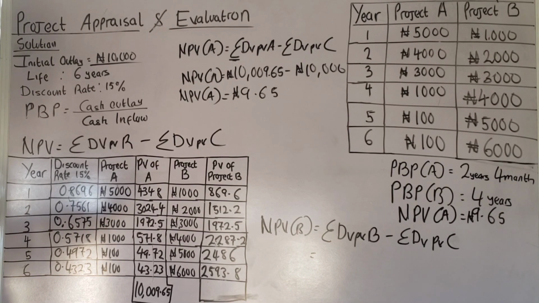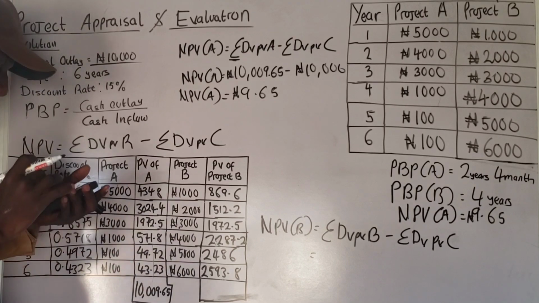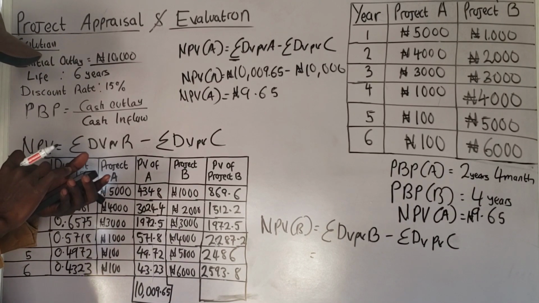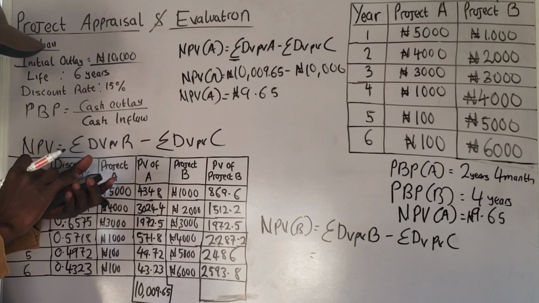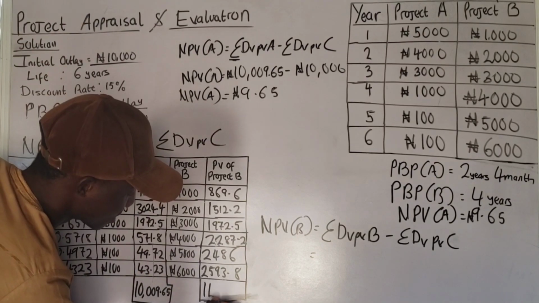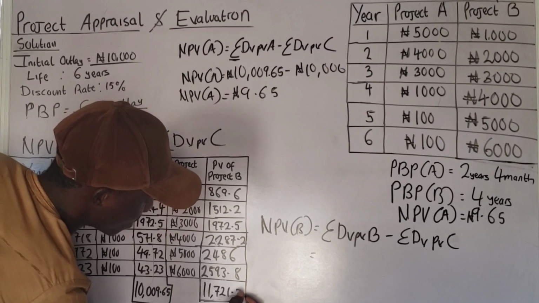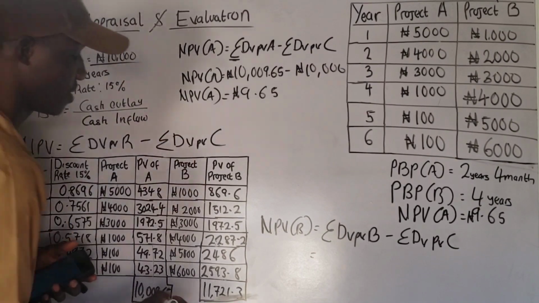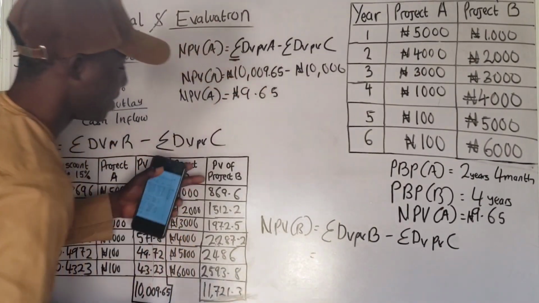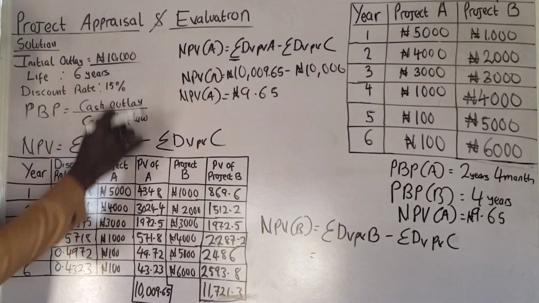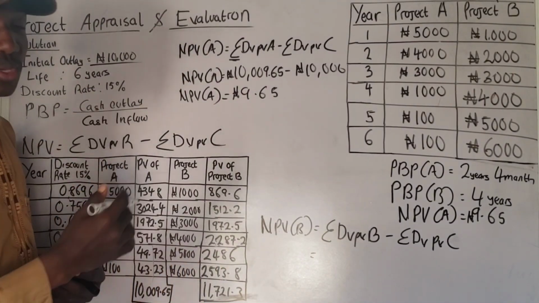If you sum all this together, we are going to have 11,721.3. You understand? So for this, the difference between this sum and the initial cash outlay will be the net present value of B. Do you understand?